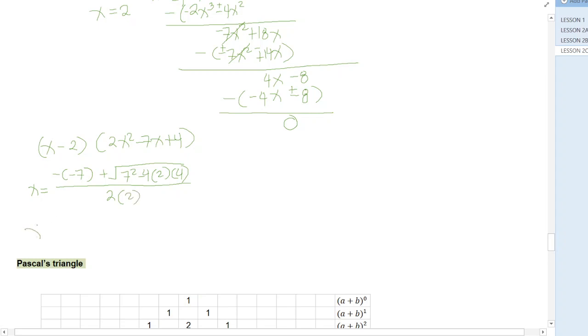And the other one is x equal to negative times negative 7 minus the square root of 7 squared, since negative 7 raised to 2, negative times negative is positive, minus 4 times 2 multiplied by 4, all over 2 times 2.